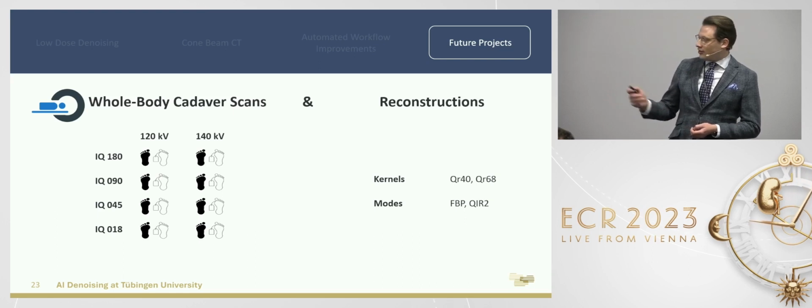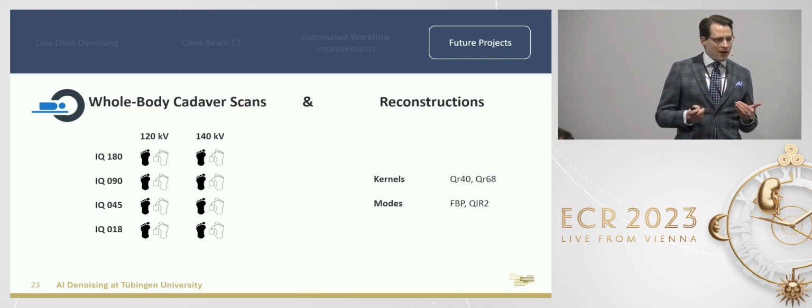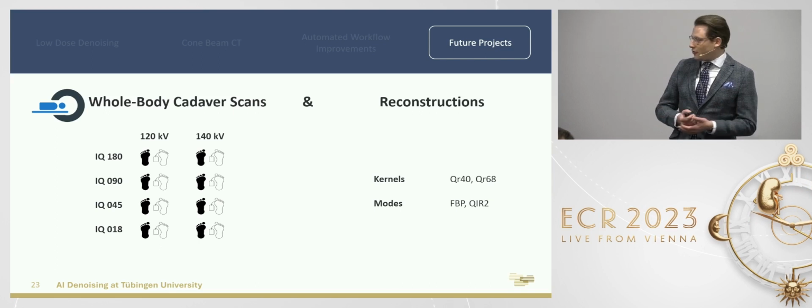If you set the kV level, this is sort of the mAs setting, which you knew from your previous scanners. And of course, we did reconstructions in a soft kernel and a hard kernel, and in FBP mode, and in our newer iterative reconstruction mode, which is native to the NAEOTOM Alpha.